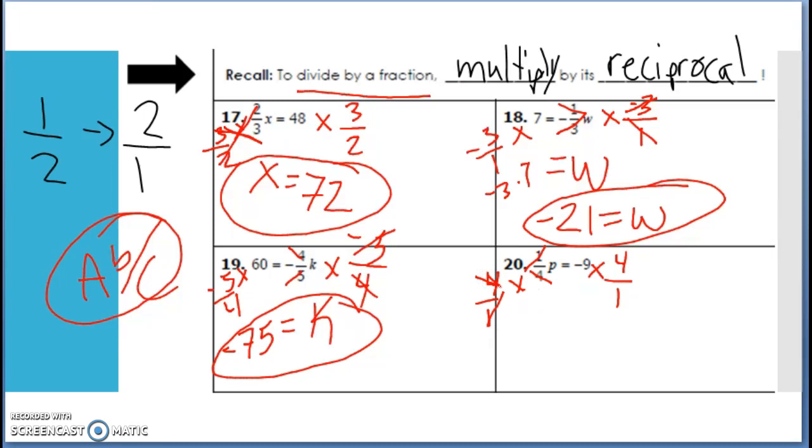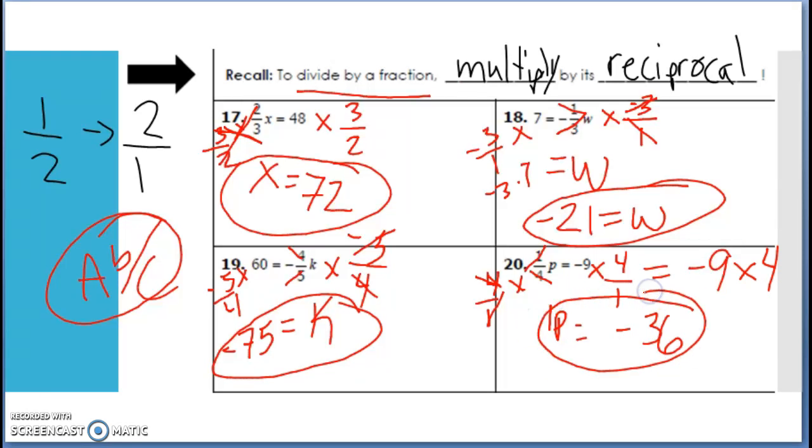And if you're not sure on that, type it in your calculator. 4 over 1, so 4 fraction 1 times 1 fraction 4 will give us 1p, which is what we want, a p by itself, equals, well, negative 9 times 4 over 1 is the same thing as negative 9 times 4, which is negative 36. So p equals negative 36.